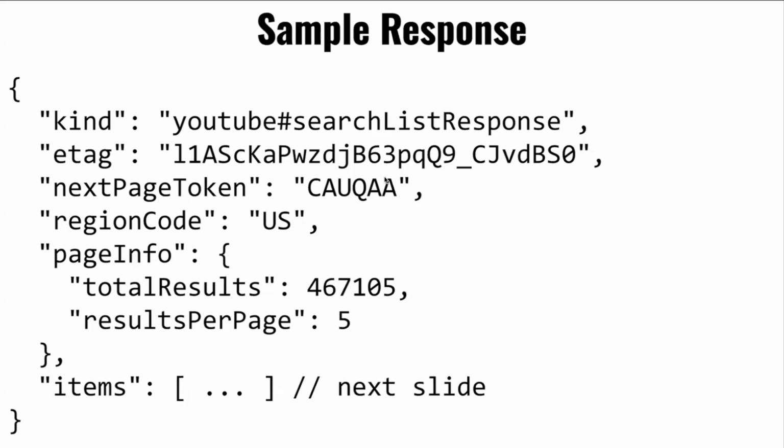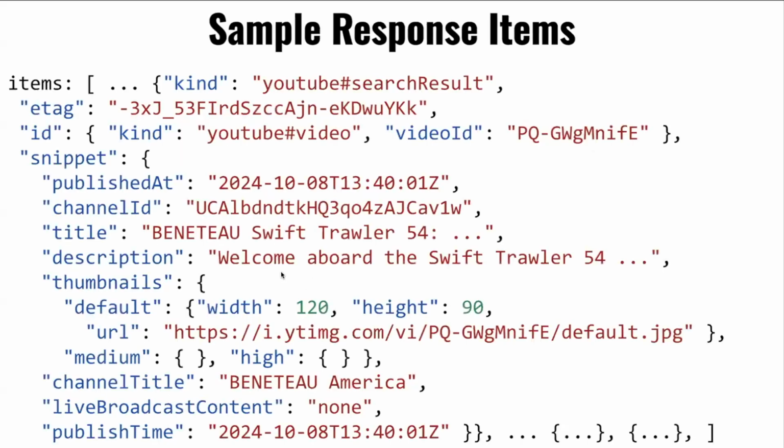It knows that it gave you certain results, and if you want to ask for the next, you can include this token in the next request. It tells you how many videos match your search criteria. And then there's an items property that is an array that includes the 5 results, the 5 videos that are coming back from the response.